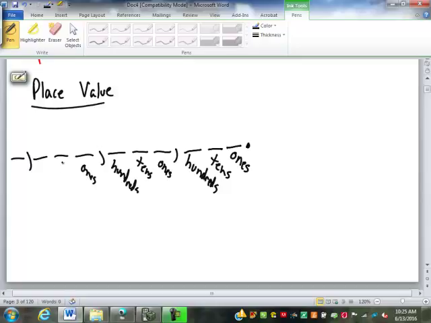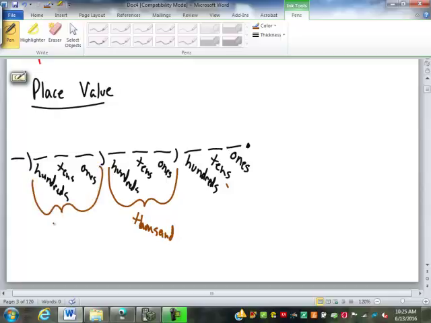Ones, tens, hundreds. But they're in groups. This was our base group here. This is the thousands group. And this is the millions group.